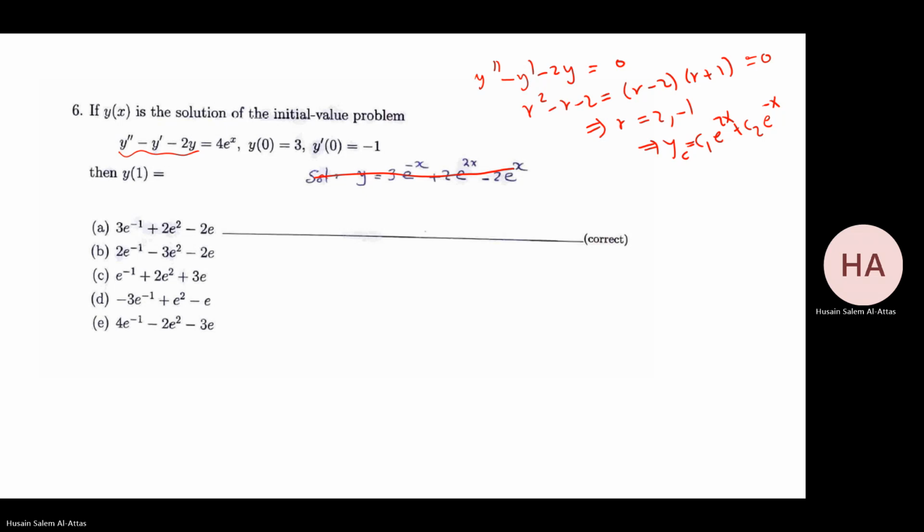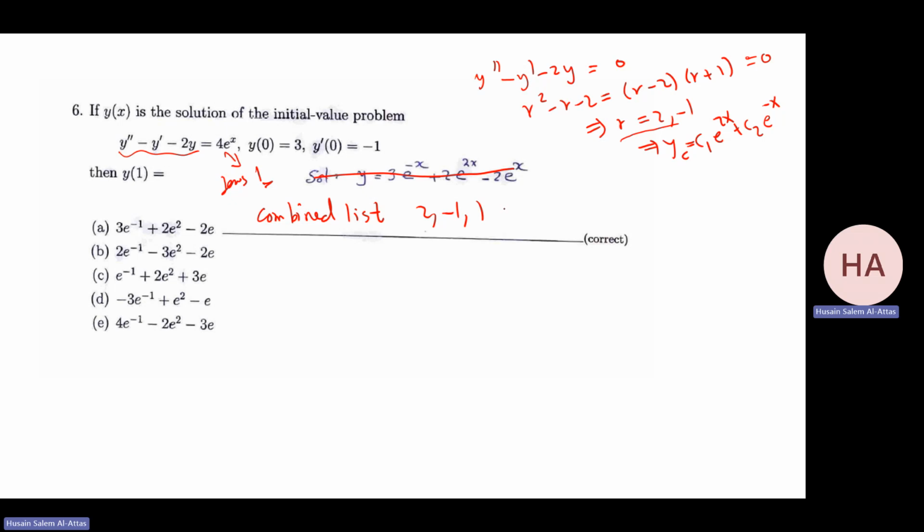Now, let's find yp. We have the zeros coming from there. What are the zeros? 2, minus 1, and 1. There is no intersection, so I just need to take e to the power x.